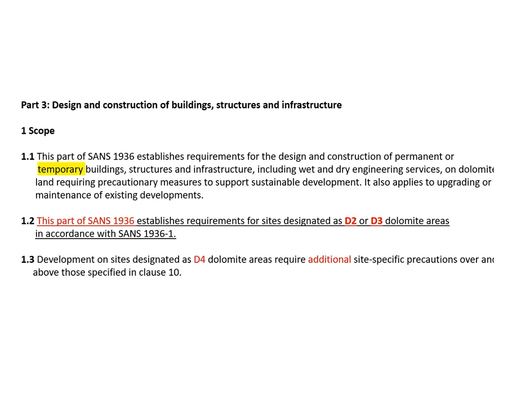This part of SANS also establishes exactly what the requirements are for designations D2 and D3 dolomitic areas, and it also covers the development of sites on D4, which is at the high end of the risk factor. There are additional specific precautions that need to be considered on a D4 category.